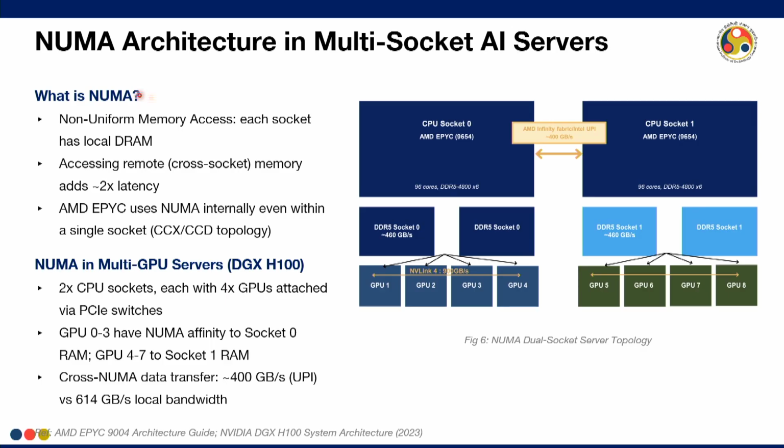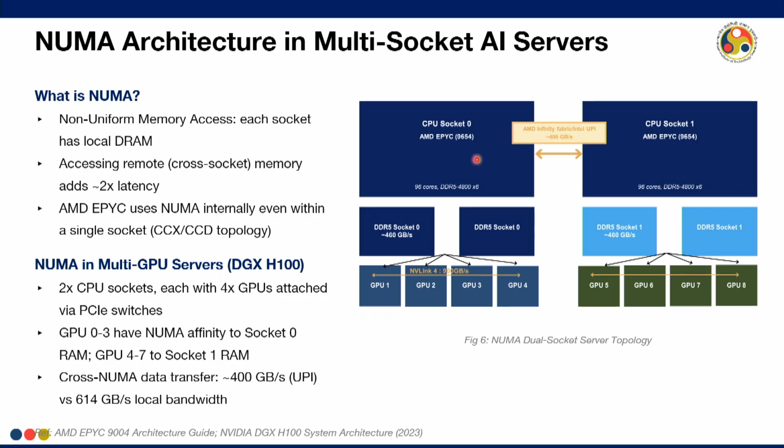Rather, we have multiple sockets housing multiple GPUs, and each socket has dedicated DDR5 and its own cores, 96 cores each. These are linked with a high speed inter-socket connection, which AMD calls Infinity Fabric, and Intel calls UPI.